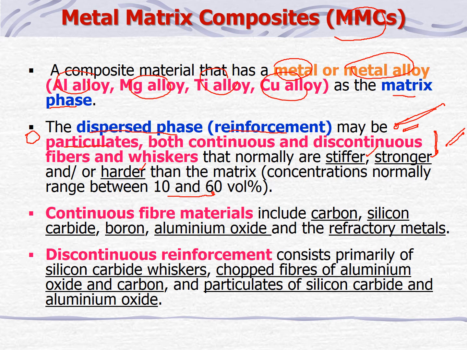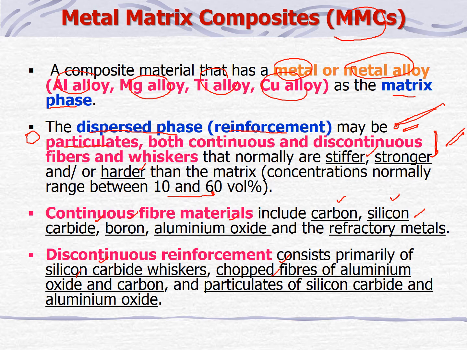What are the continuous fibers that we can add to the metal matrix? Examples of continuous fibers are carbon, silicon carbide, boron, aluminum oxide, and refractory metals. For discontinuous reinforcement, there are silicon carbide whiskers, chopped fibers of aluminum oxide and carbon, and particulates of silicon carbide and aluminum oxide.